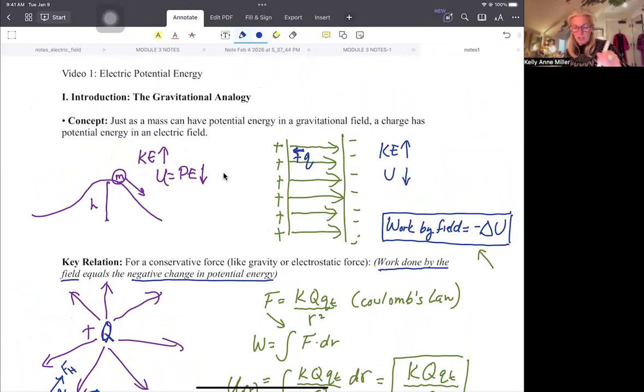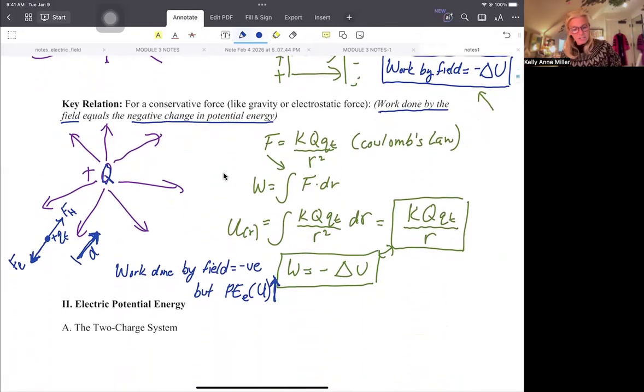If I push this charge towards the positive plate, the electric field between the two plates is doing negative work on the charge, but the potential energy of that charge is increasing. It's like you're forcing these two like charges together and thus increasing the potential energy that charge has. So that if you let it go, it would whip to the other side, and its kinetic energy would increase and its potential energy would decrease, because the two charges want to get as far away from each other as possible because they're like charges.